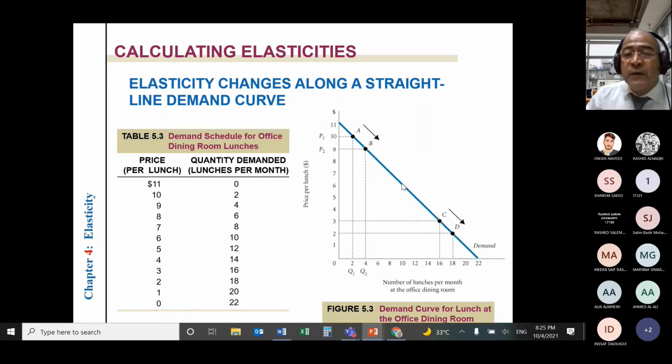So at this point, where the quantity demanded is 11, calculate the elasticity at the midpoint of the demand curve.